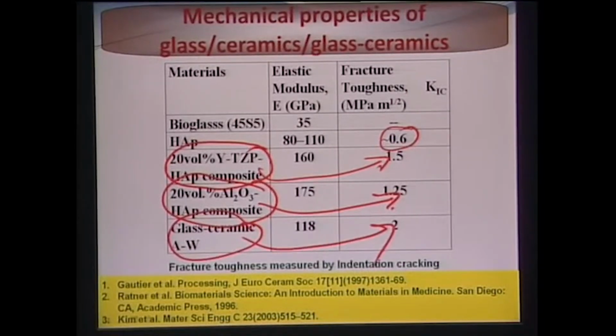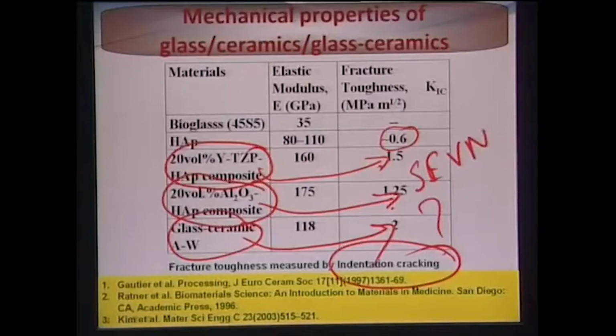Now, unfortunately, all these toughness values are obtained by indentation toughness only, or indentation cracking only. So, again I can put a question mark here, because if you measure the ACVNB toughness values of these materials, I can very well tell you that these values will further decrease.